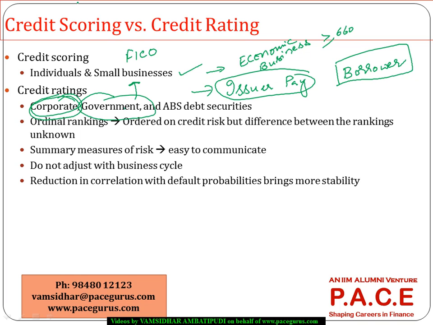So there is a high chance that they don't fall into the trap of giving favorable ratings to the issuers, so we don't need to be that worried about this aspect. So either the corporate or the government or even ABS, asset-backed securities kind of instrument. We'll talk in detail about ABS slightly later in another session.